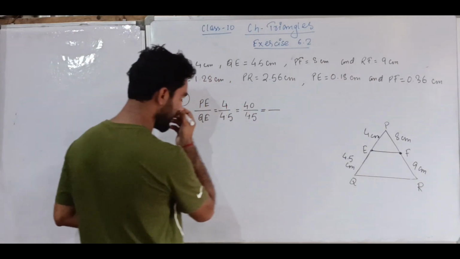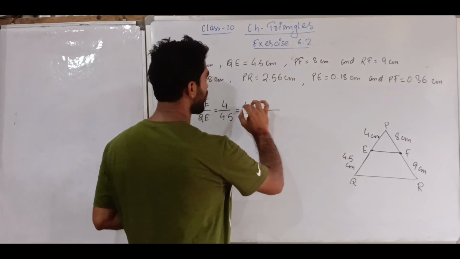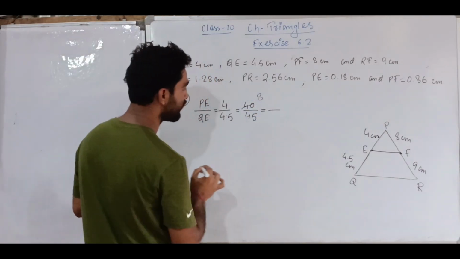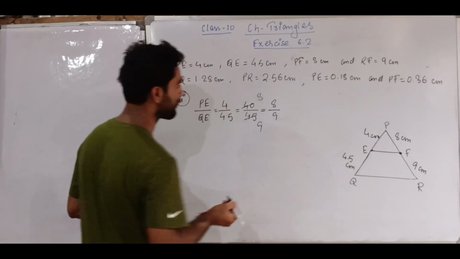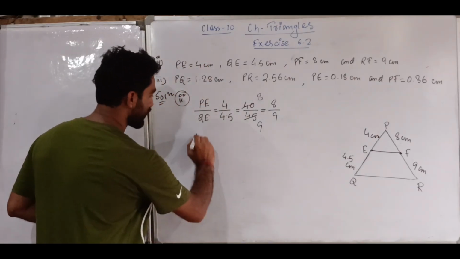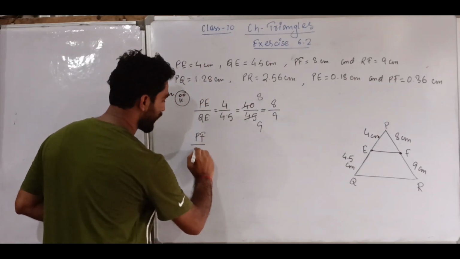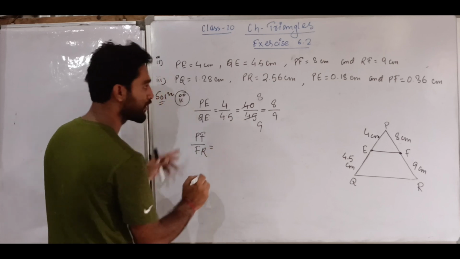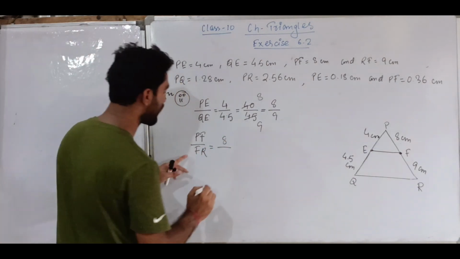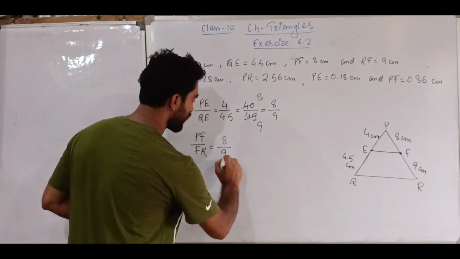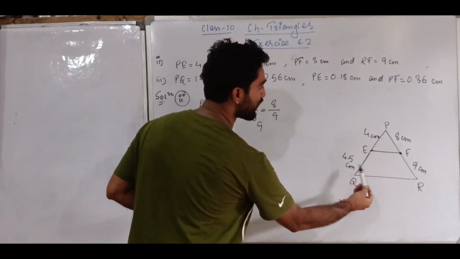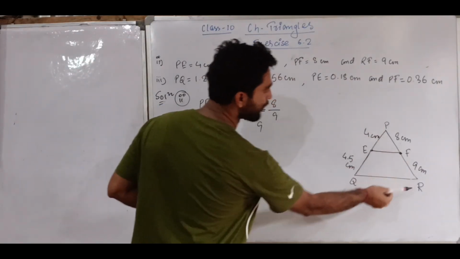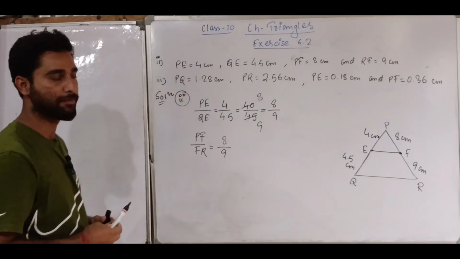So if you simplify by 5, what you will get? 5 8s are 40 and 5 9s are 45. So 8 by 9. Now we will check PF divided by FR. PF given 8 centimeter and FR given 9 centimeter. So clearly we can see that their ratios are the same.